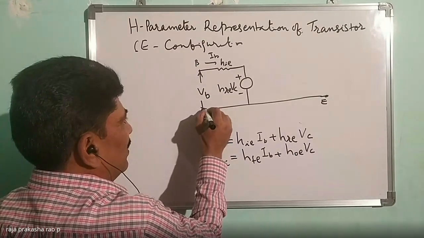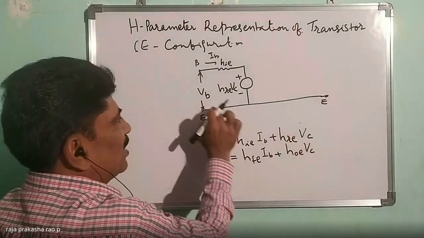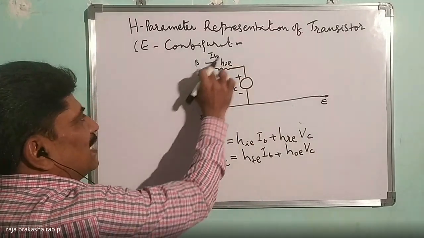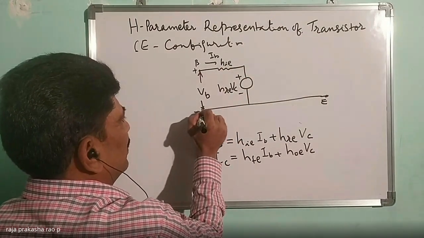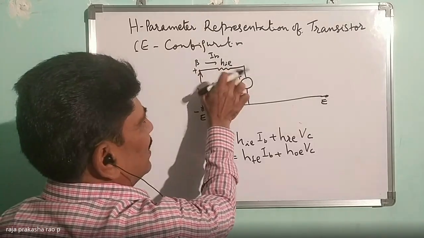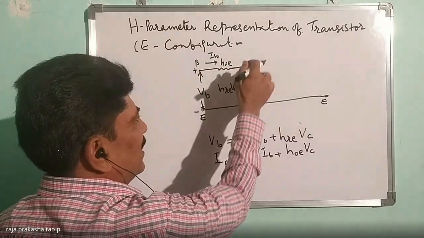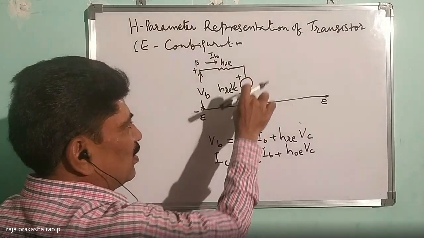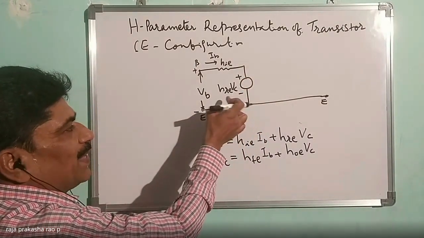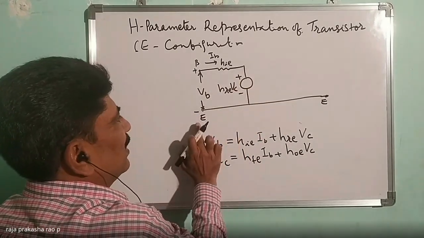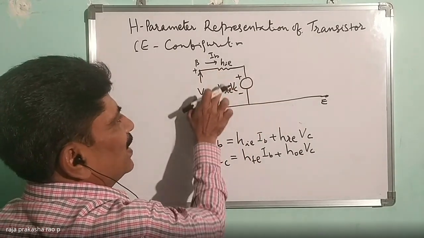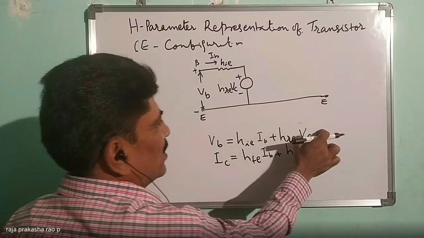You can get this equation by applying KVL to this loop. It is a rise in potential, so plus in the direction of current, so minus hie into IB. Then this is a voltage generator, so there is a drop in potential, just minus hre VC. In that way we get VB minus hie IB minus hre VC. You will get the same equation.